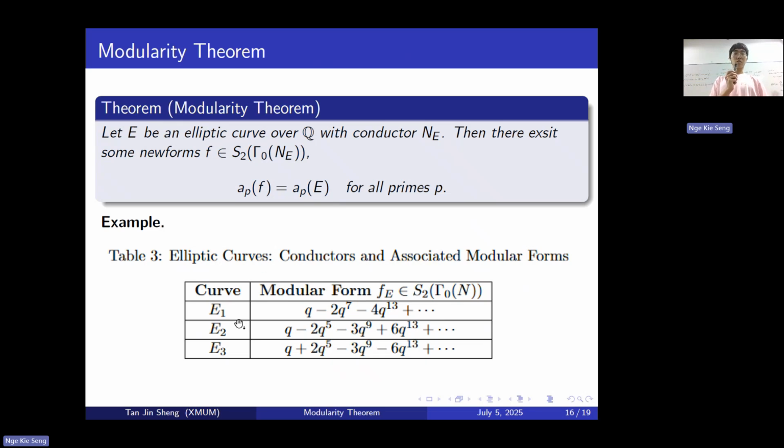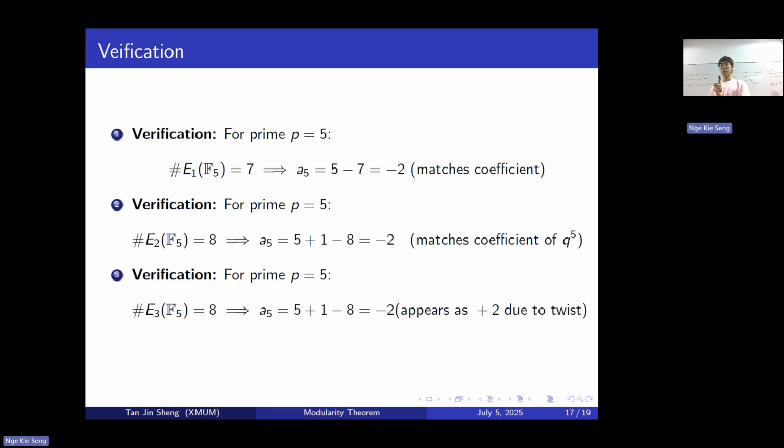So this is a table for their Fourier expansion. You need some practice to see what can follow. Here, when we calculate p equals 5, we get the integer 7, and this implies the trace of the elliptic curve is -2.